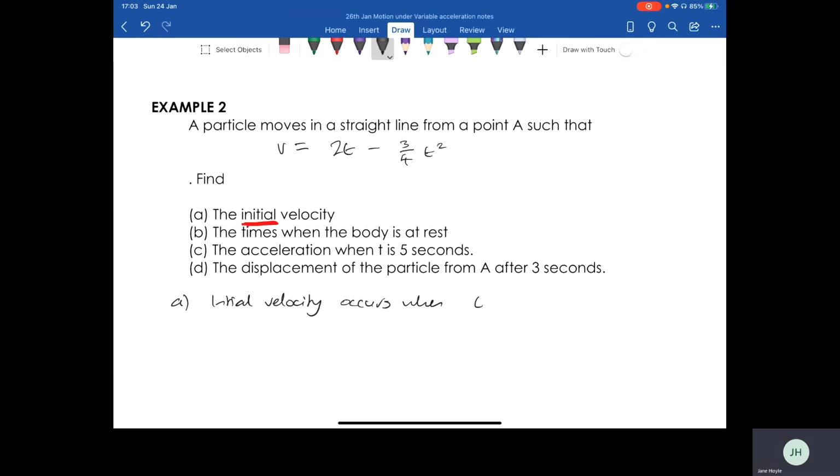So the initial velocity occurs when t is equal to 0, and our initial velocity, rather unexcitingly, is 2 times 0 minus 3/4 times 0 squared. So it's 0. That's not very much fun. The original equation could well have had a +2 on the end, and then our initial velocity would be 2 meters per second. But let's just stick with what I've got there.